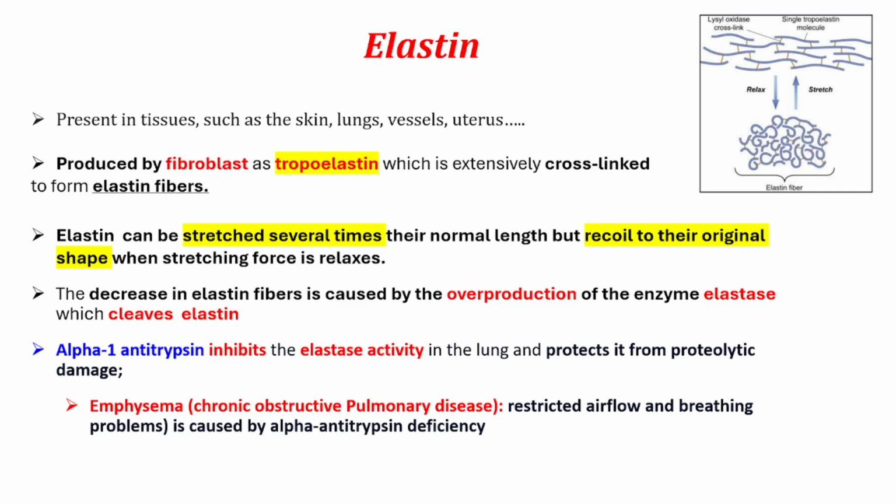They have difficulty in breathing. And this is due to what? They don't have alpha-1 antitrypsin. So they have mostly elastase, which will degrade the elastin. So we don't have this elasticity in the lungs anymore. So people cannot breathe very well. They have this kind of difficulty. Okay?